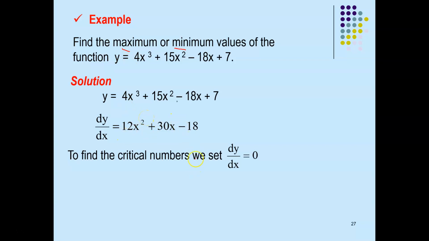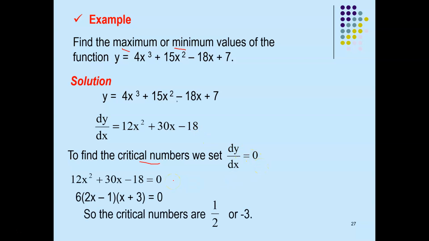Because I need to find the critical values, right? Critical numbers or critical values. Then I set this dy over dx equal to 0. Again, I get my x values. Critical numbers means critical values. x is 1 over 2 or negative 3.